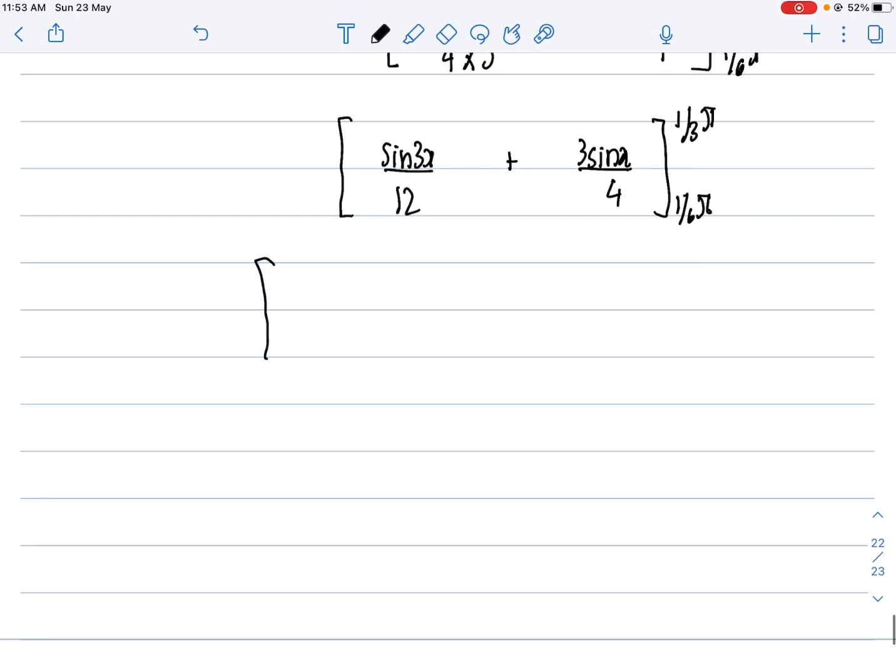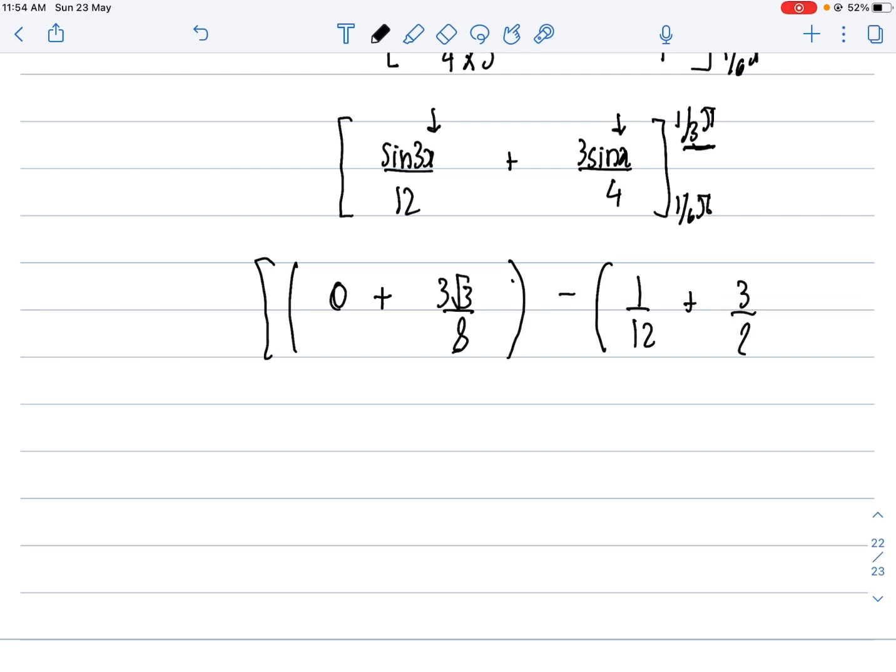So now I can first put the upper limit in the place of x. I basically get 0 plus 3 root 3 by 8, when I put 1 over 3 pi in the place of x, minus, here I'll put 1 over 6 pi. So I'll do sin of 3 into 1 over 6 pi. Make sure you're on the radian mode. When you do that, I get my answer basically as 1 over 12, plus I need to do 3 into sin of 1 over 6 pi, which I know, and obviously over 4, will give me 3 over 8.